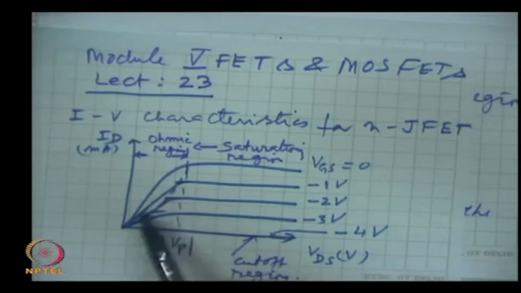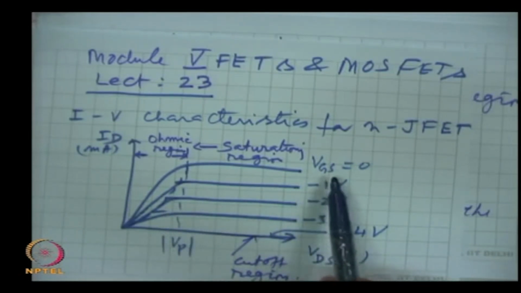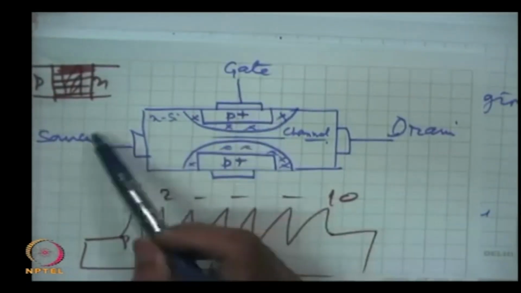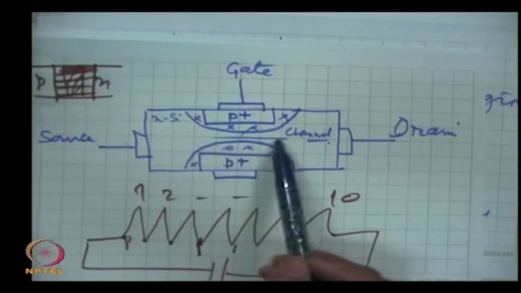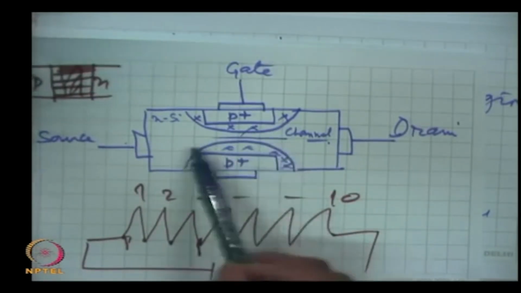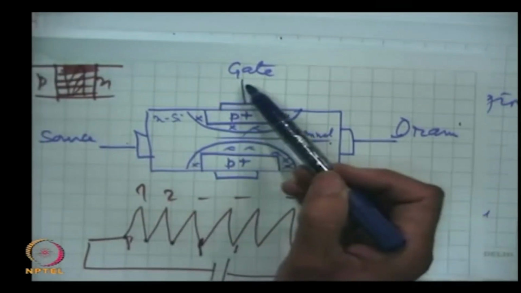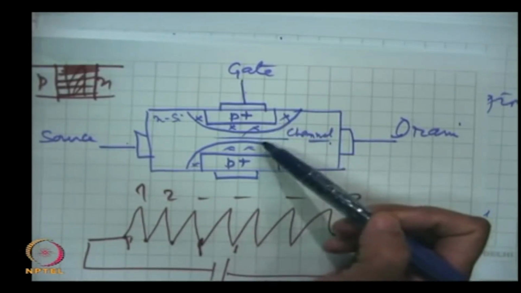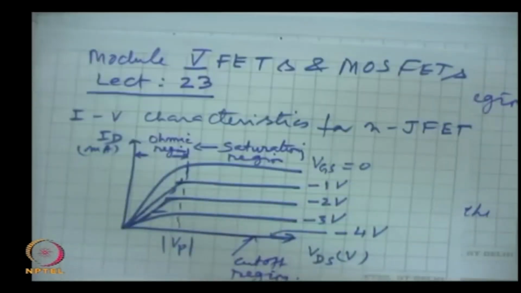So when we increase the gate source voltage, the channel conductance falls and the resistance increases, for the reasons which we have discussed: by increasing negative potential on the gate, the depletion regions will spread more, making the channel narrower.